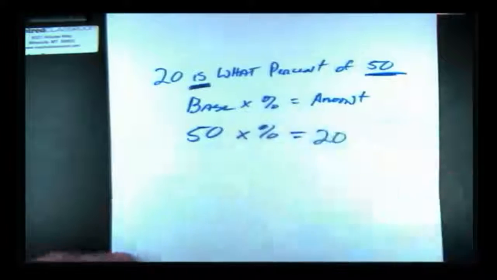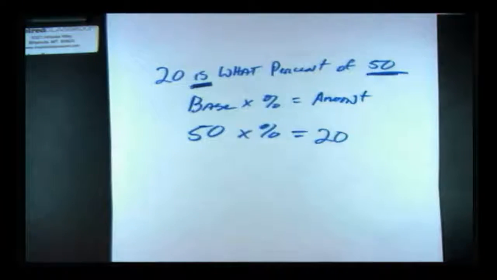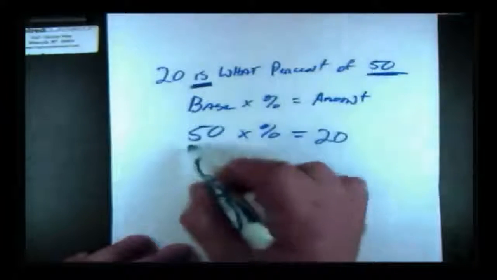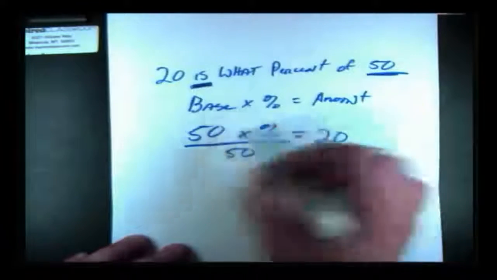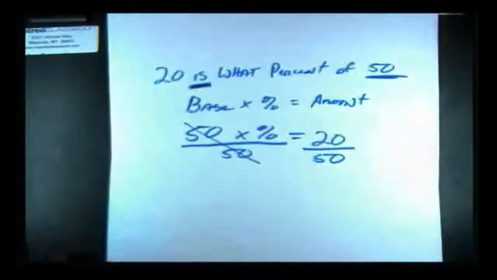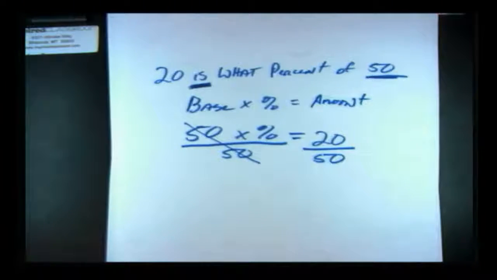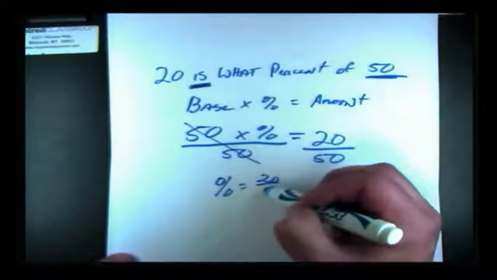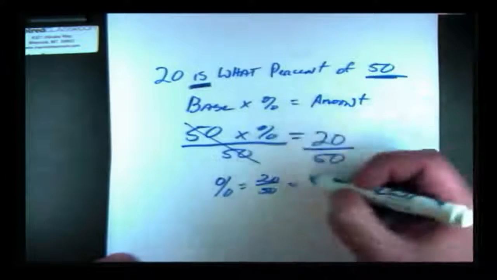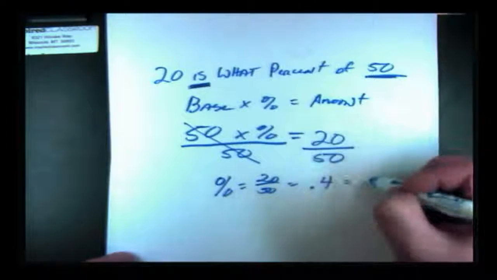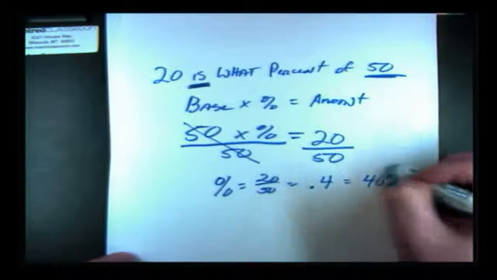So now I'm looking to solve this problem. 50 times some number equals 20. If I want to find out what that number is, I untie the multiplication here by dividing by 50. And to keep algebra legal, what I do to one side, I have to do to the other. So my percentage is 20 out of 50, which happens to be 0.4, which equals 40%.